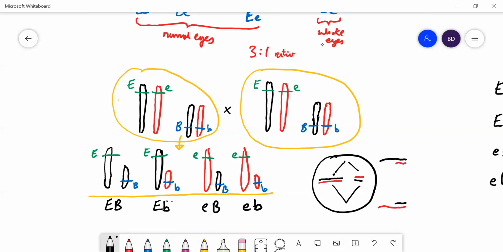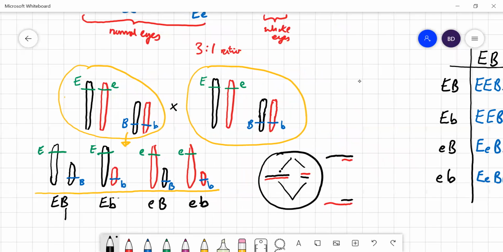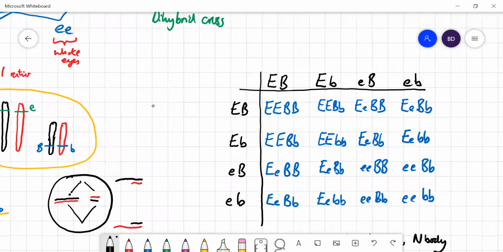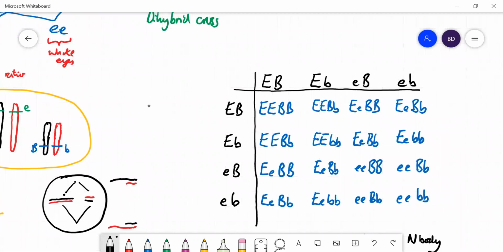Okay, so now it's going to be a bit confusing to show what happens when these gametes meet up with other gametes, like I did before by drawing the lines. So I'm going to draw the square thing which you've used before at GCSE. If you see here, these are the 4 possible gametes that the female can produce. It doesn't matter if it's male or female on the top.